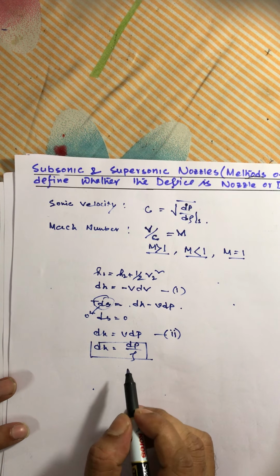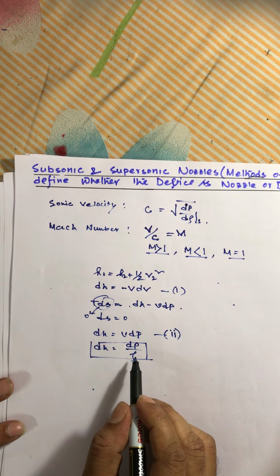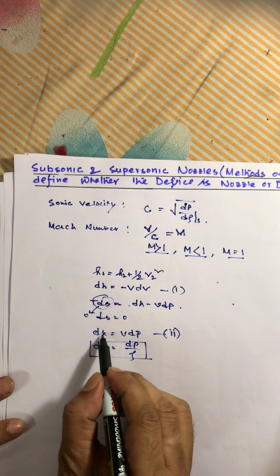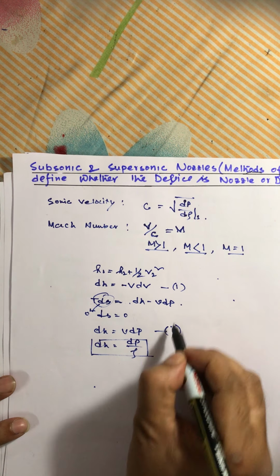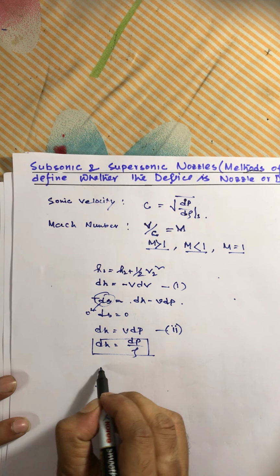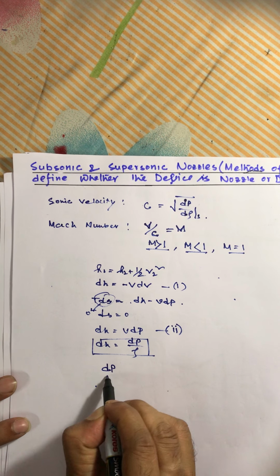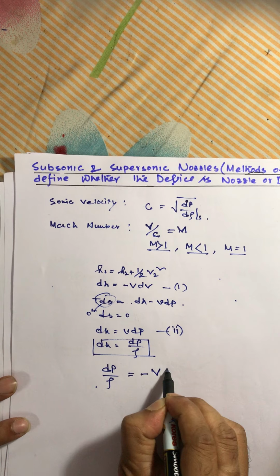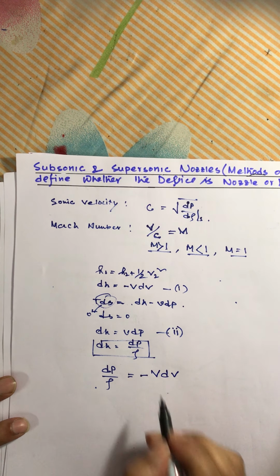Now, if you put this value of dH here, from equation 1 and 2, we can write dP by rho is equal to minus V dV, where V is velocity.